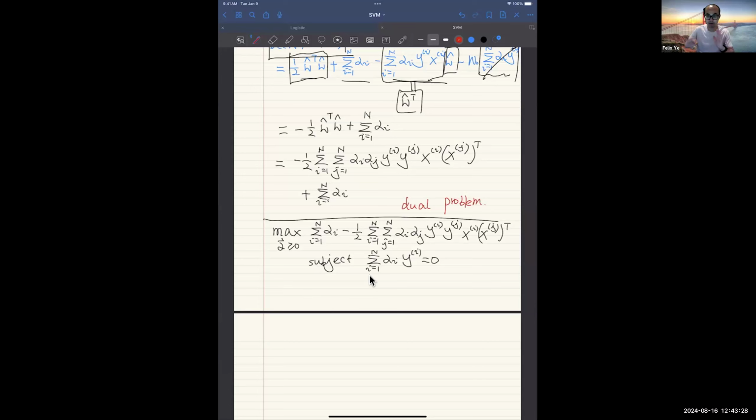So you can think about it like the front side and the back side of one coin. You can solve either way. That will be equivalent. Sometimes the primal problem is easier. Sometimes the dual problem is easier. It depends on the problem settings right here.